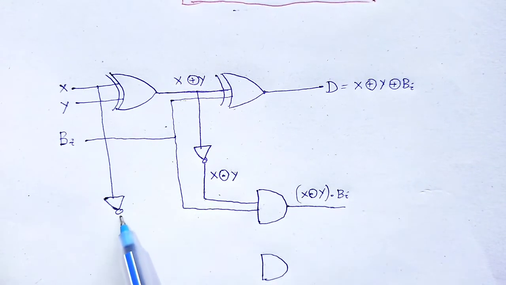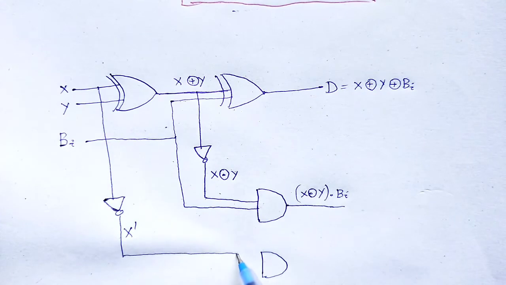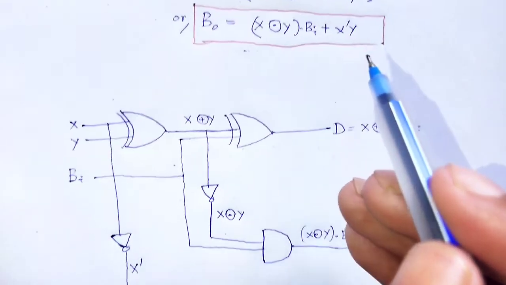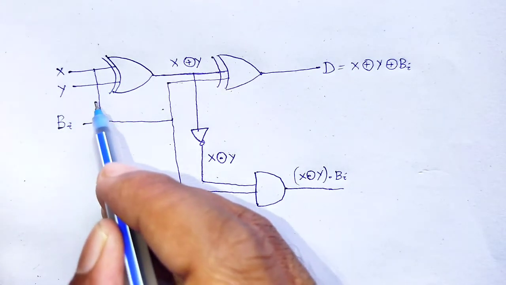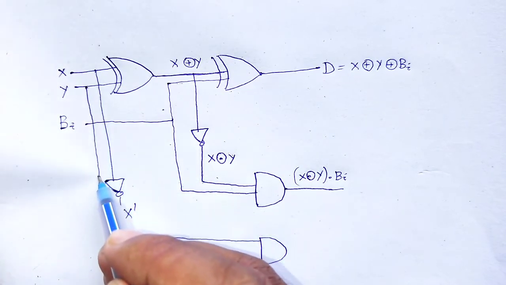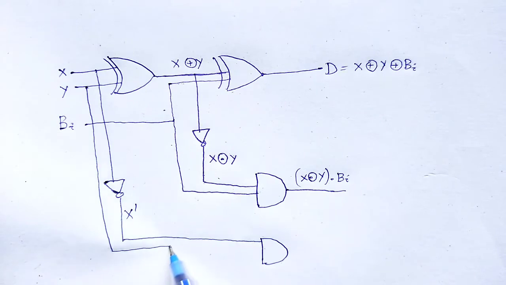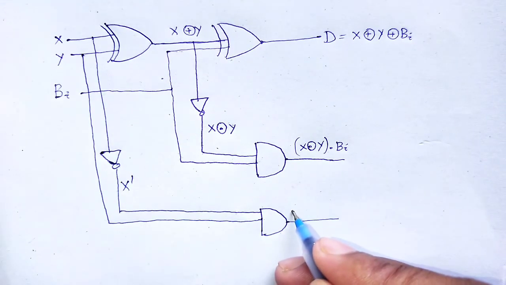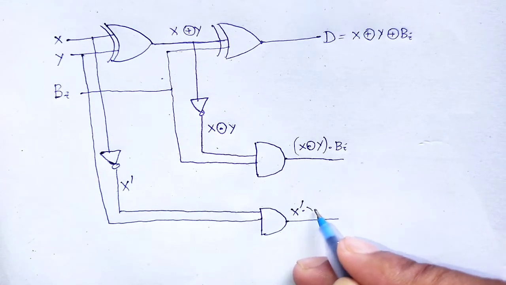So the output of that NOT gate, we have x prime, that be the input to that AND gate. Next input y, so the output of that AND gate is x prime y.